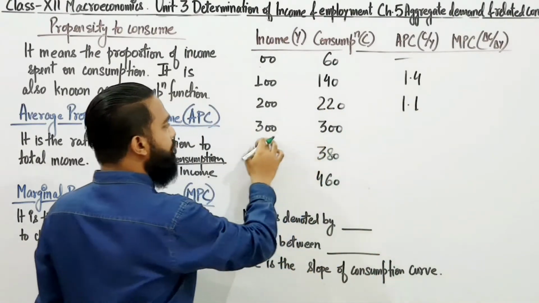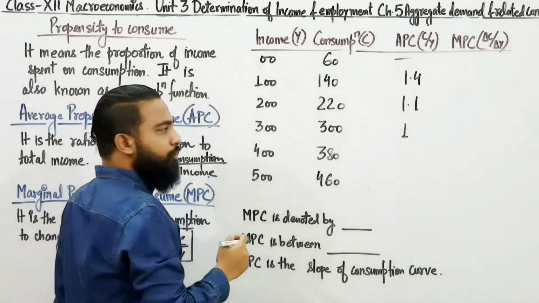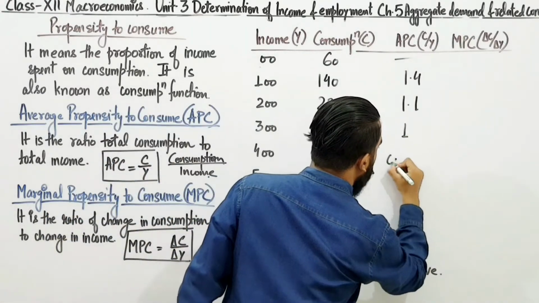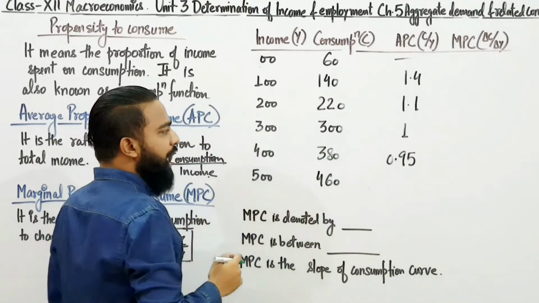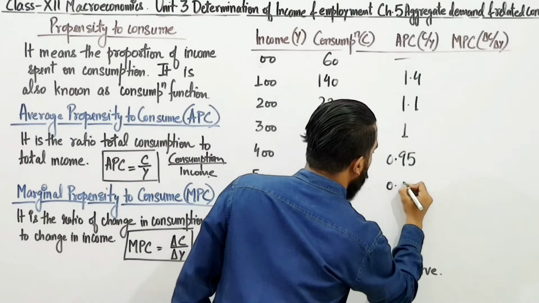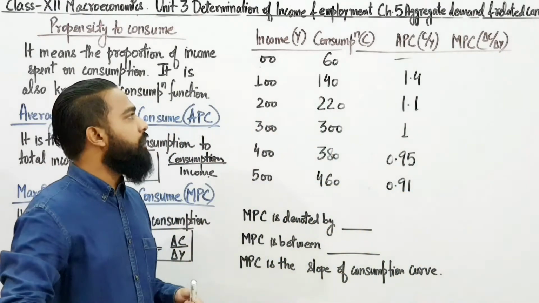Now 300 upon 300, that will be 1. 380 upon 400, that will be 0.95. And 460 upon 500, that will be 0.91. So this is your APC.